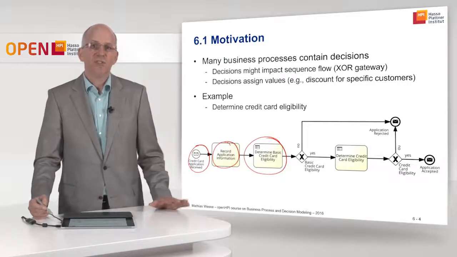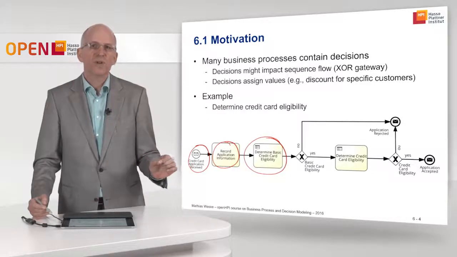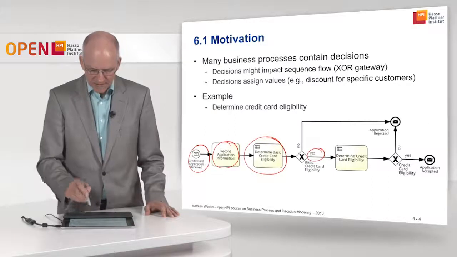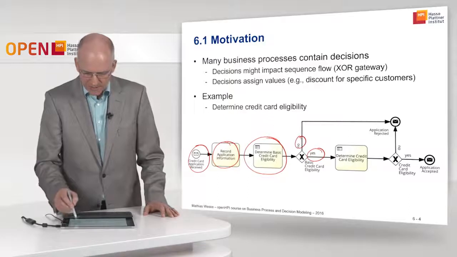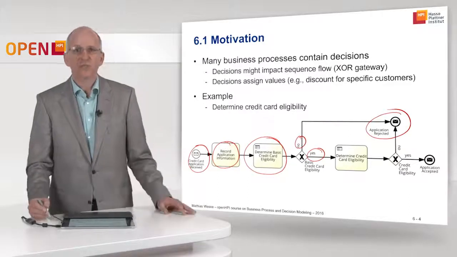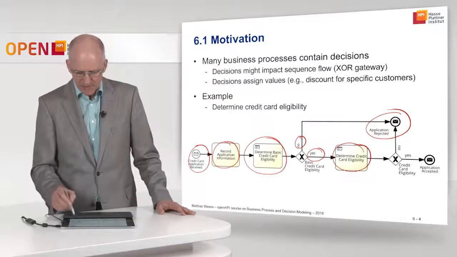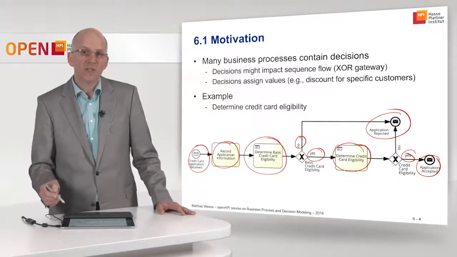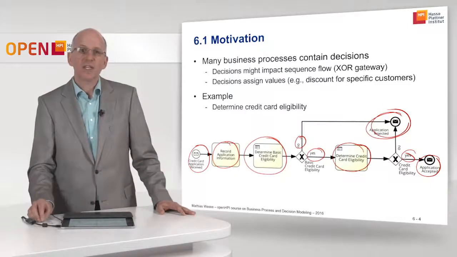The outcomes of the decision are used to control the flow of the process. So either it's yes, then I determine the final credit card eligibility, and if it's no, I will send an application rejection. Here we have another decision, and if it's yes, I go that way and finally accept the application, and if that decision evaluates to no, then I also end up rejecting the application.